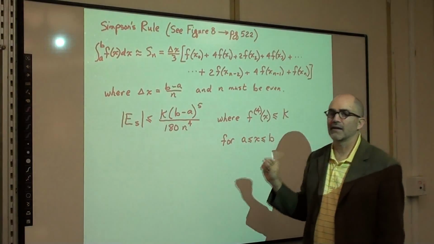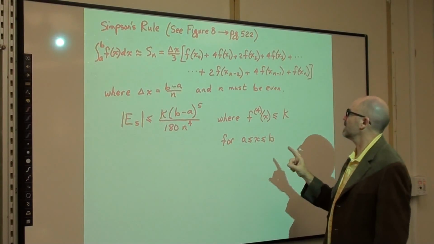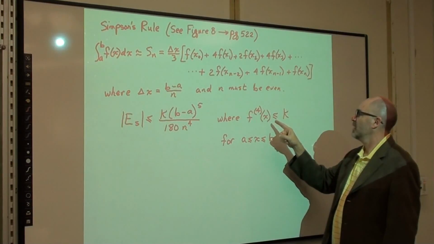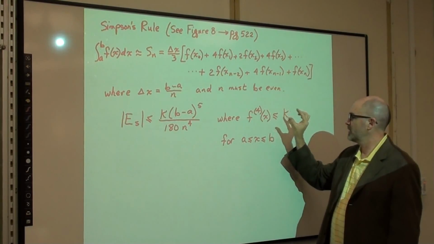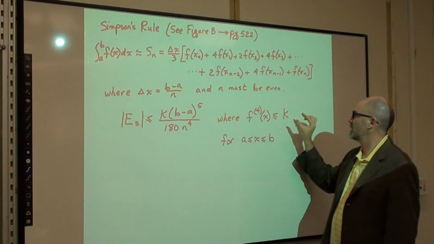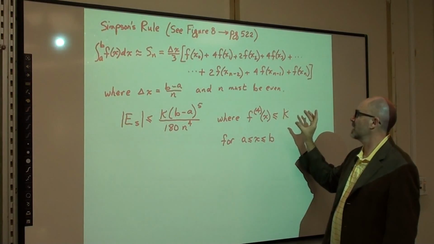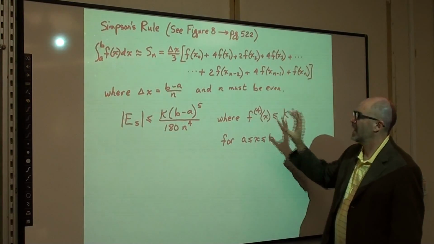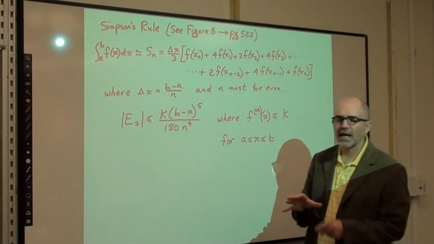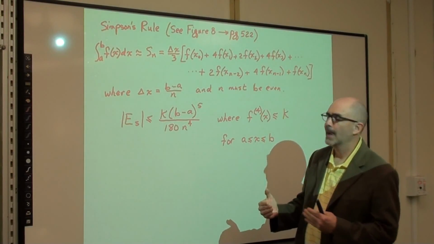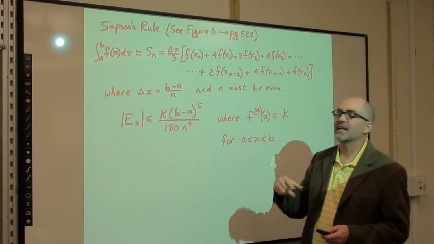Now, k is different here. K isn't just within the second derivative, it's within the fourth derivative. So you take the fourth derivative of the function, and k is going to be at least that much. Now, when we pick a k, like I told you, we actually choose a k. We want k to be convenient.